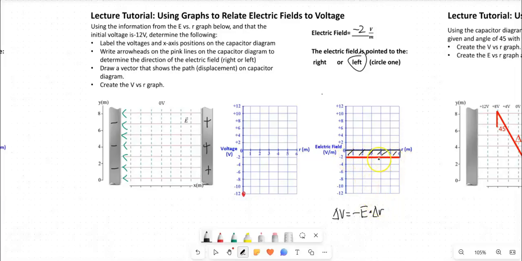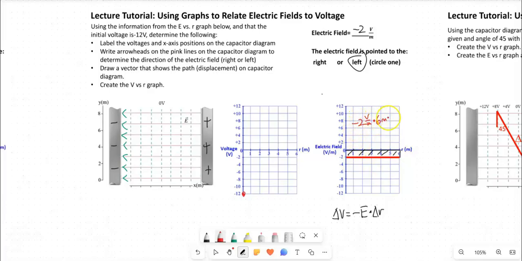Okay, so this is -2 relative to that 0. Okay, so the area I'm seeing is -2 volts per meter times 6 meters.